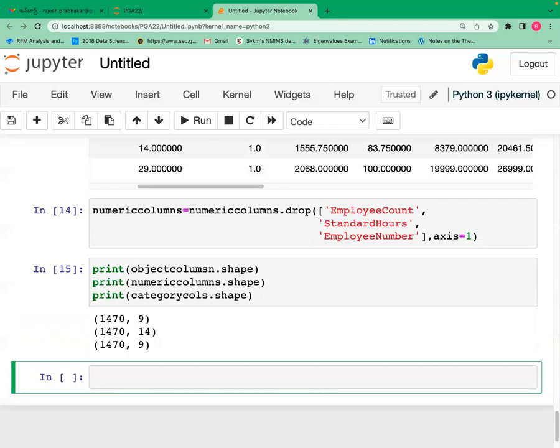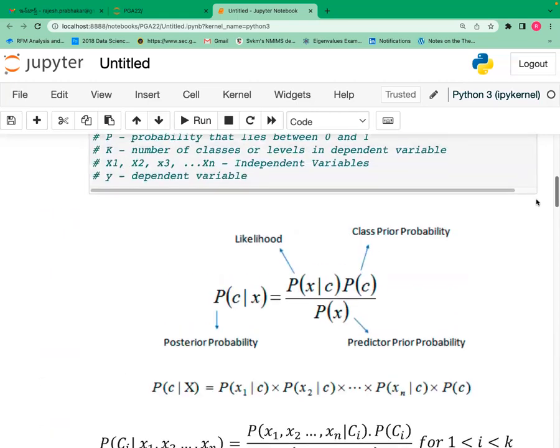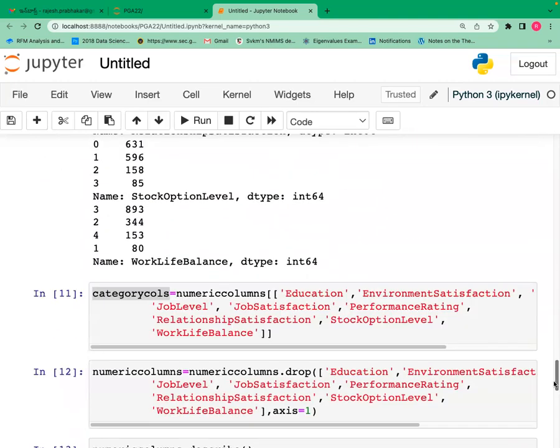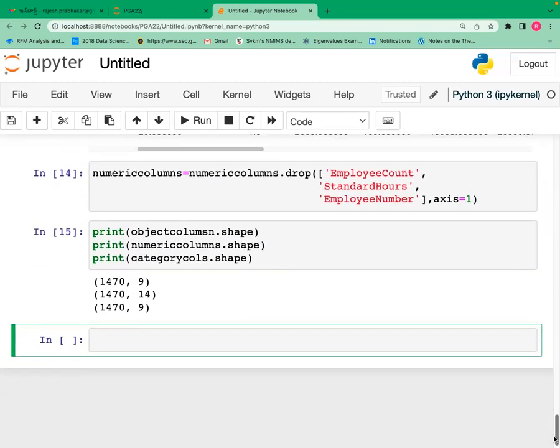So we have 9 object columns, 14 numeric columns, 9 categorical columns, 32 columns. Initially we had how many columns? 35. So we have removed 3 columns, right?